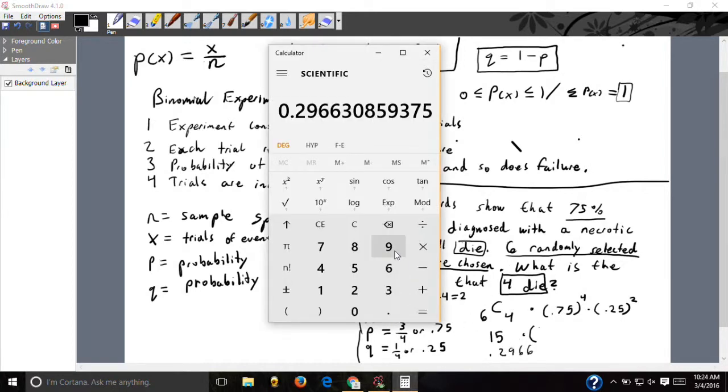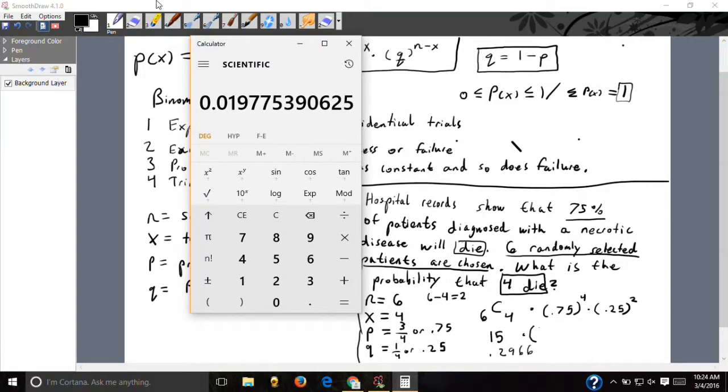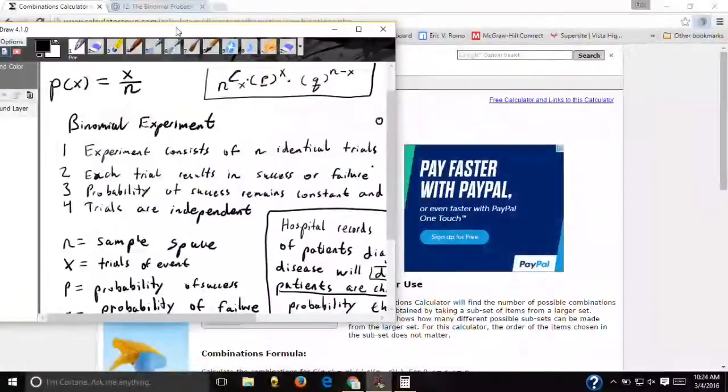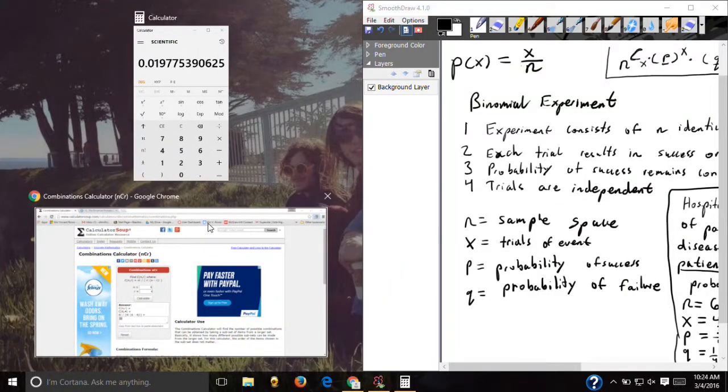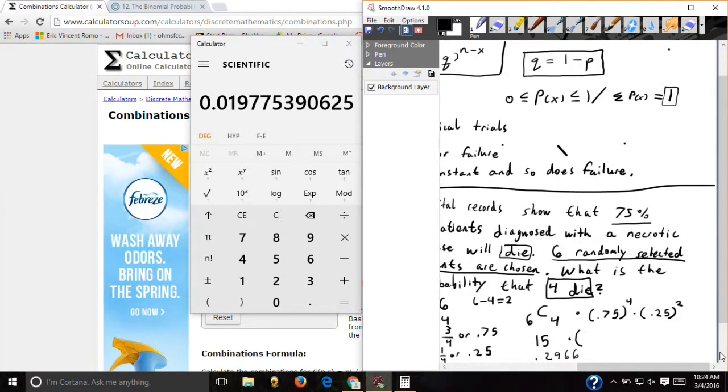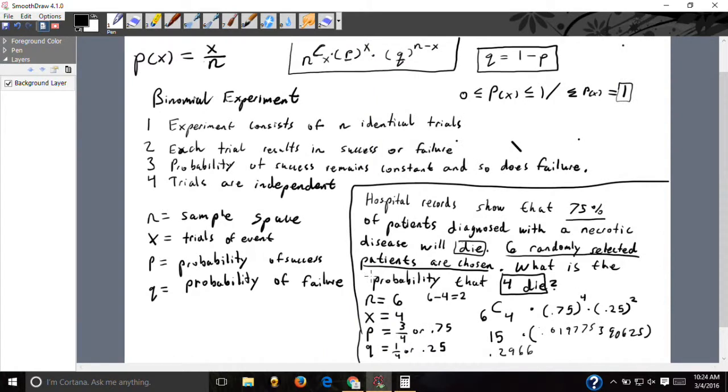The unrounded number was 0.01977539065. So this bottom number, 0.2966, is actually the probability that 4 out of 6 patients will die. And that's all there is to it.